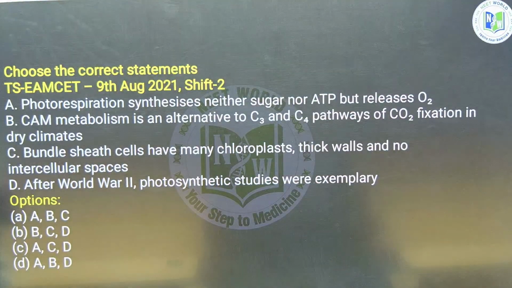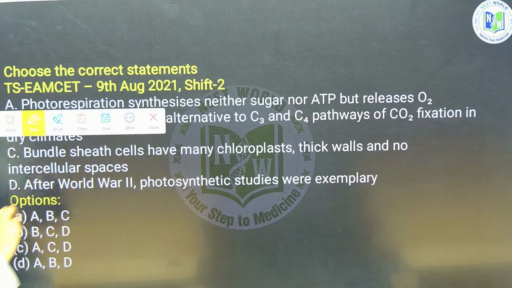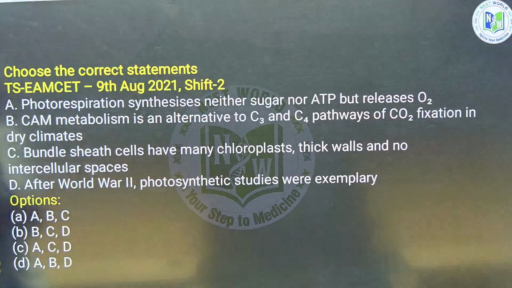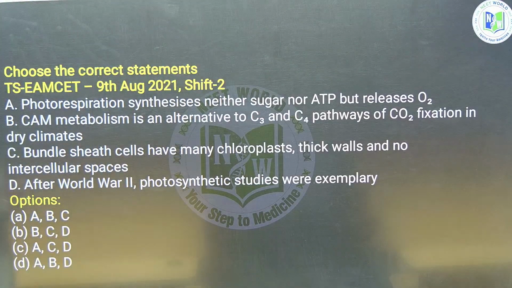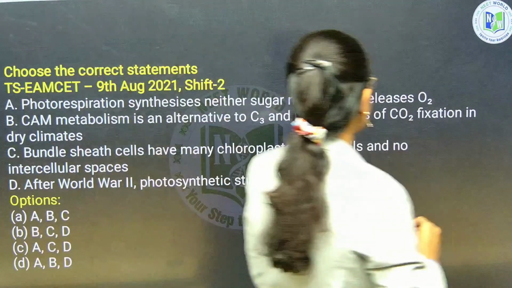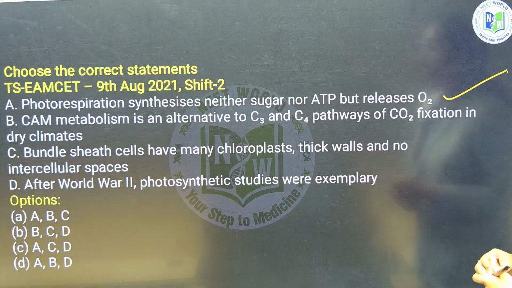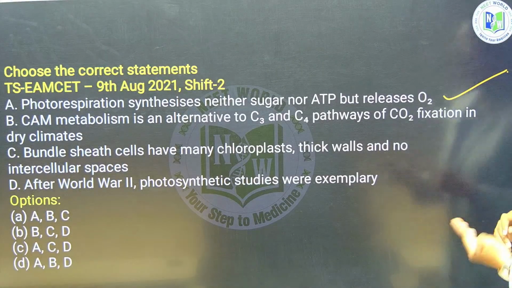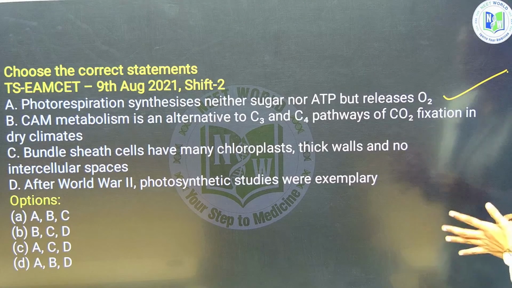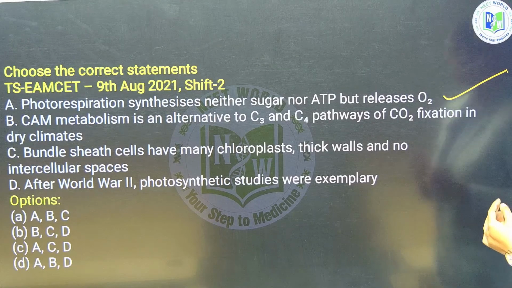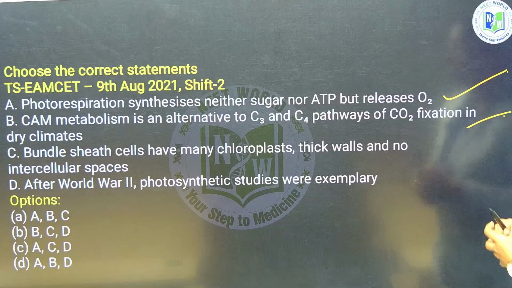Next, correct statements again. Photorespiration synthesizes neither sugar nor ATP during the release of oxygen. Yes. CAM metabolism is an alternative to C3 and C4 pathways of carbon dioxide fixation in dry climates. True.